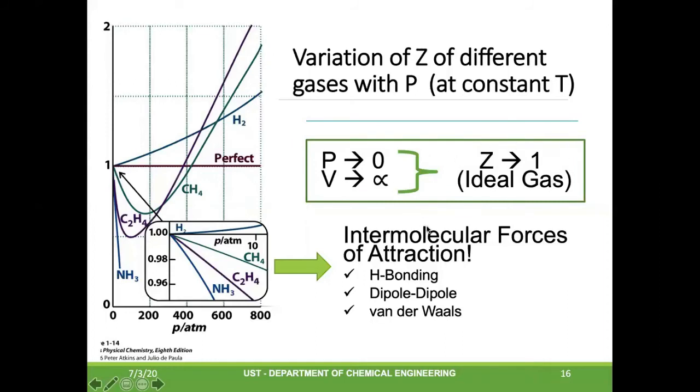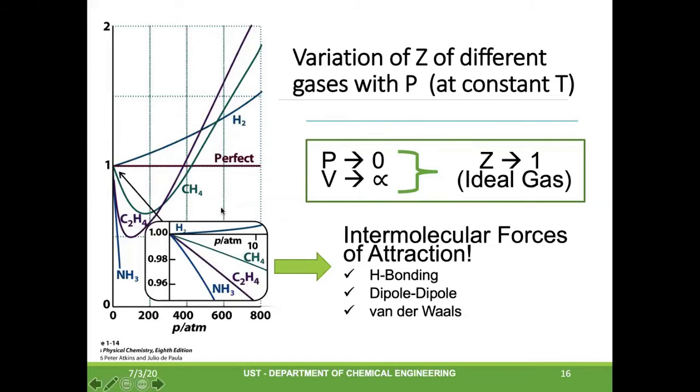At very high pressure, molar volumes are greater than ideal gas, Z is greater than 1, and repulsive forces are dominant. At low to moderate pressure, attractive forces are dominant, and molar volume is less compared with perfect gas.